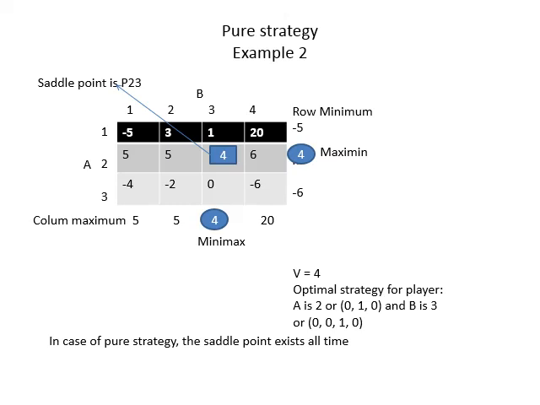For row 2, the minimum value is 4. 4 is less than 5 and less than 6. For row 3, the minimum value is -6.